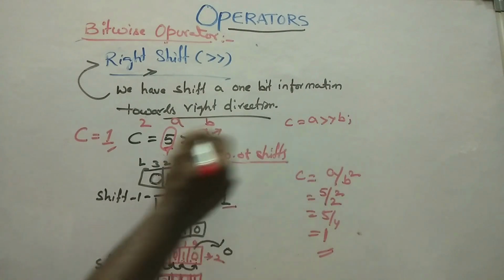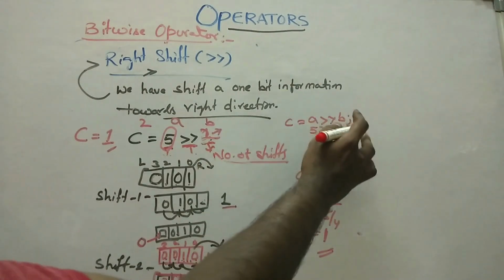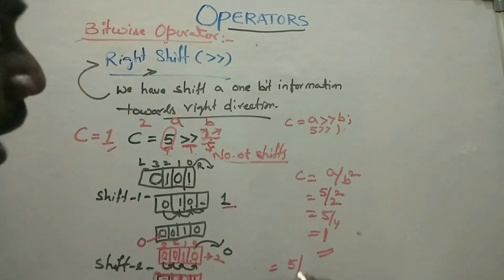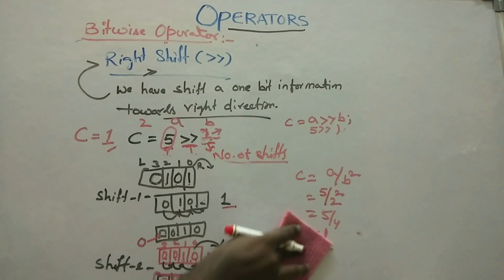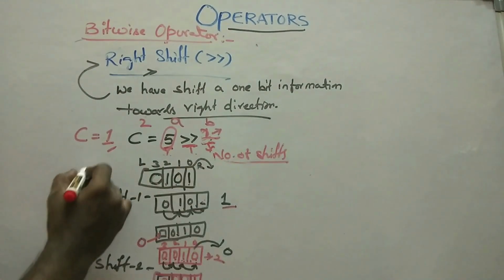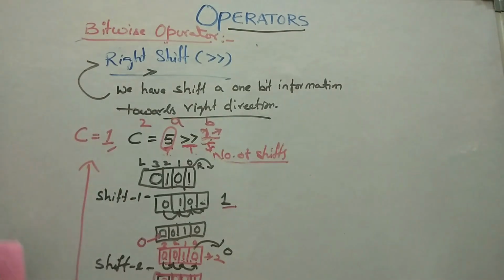Suppose it is 2, that is 5 right shift of 2. Suppose right shift of 1, we can say 5 by 2 to the power 1. Are you clear? That is how it shifts towards the right direction.